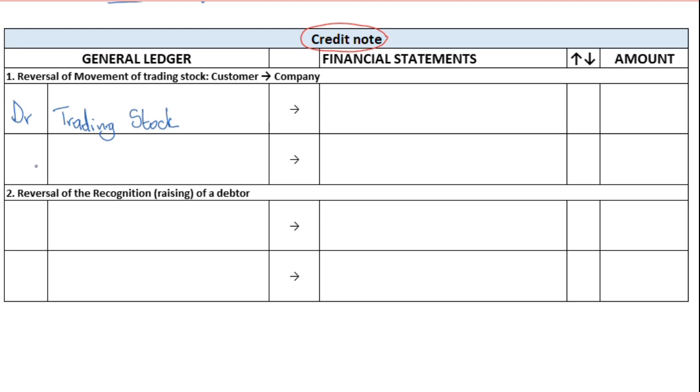Since the sale is now being reversed, the costs associated with the sale must also be reversed. So our control account is going to be cost of sales. Cost of sales is an expense account. It decreases on the credit side, so we are going to credit cost of sales.